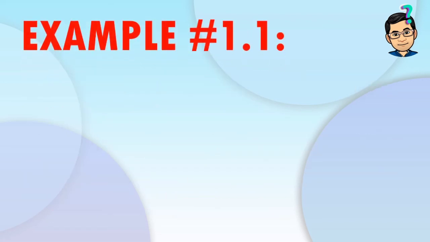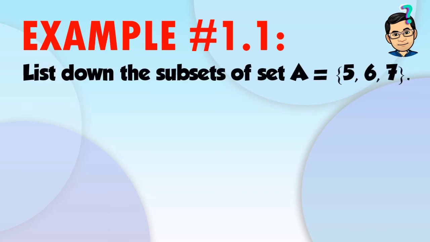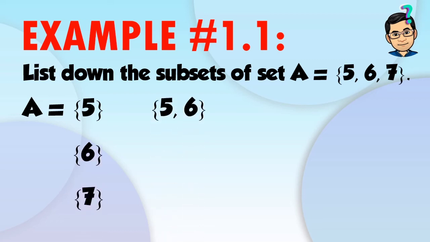Now, let us list down the subset of set A. So, dahil 8 ang sagot niya, ito yung mga subsets niya. Una, pag sinusulat natin sila again, kailangan naka-enclose sila sa braces. So, yung una, 5, and then 6, 7, and then next, pagpartnerin natin yung 5 and 6.